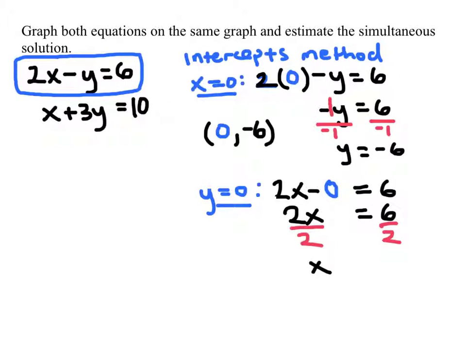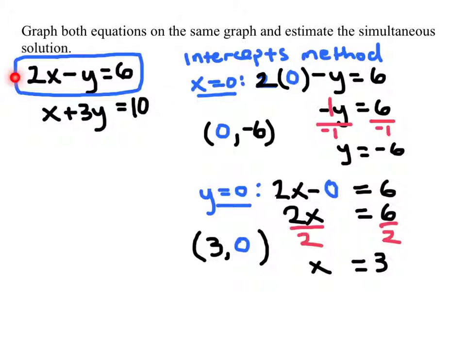So I will get x equals 6 divided by 2 is 3. So that will leave me with the ordered pair, 3 for x and 0 for y. So these are the intercepts of the linear equation 2x minus y equals 6. So I'll keep this in mind while plotting.